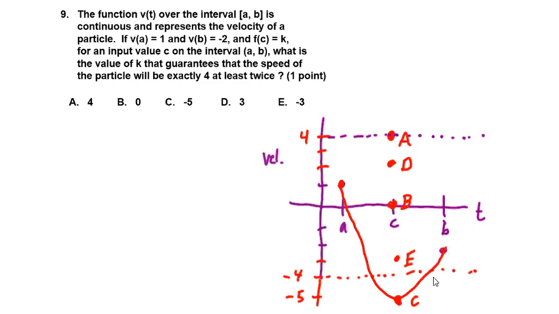Why? The intermediate value theorem. And the speed equals the absolute value of velocity. So at -4, this is a speed of 4, even though the number is -4. And so our correct answer is C. This tests your understanding of the intermediate value theorem, and also that speed is the absolute value of velocity.